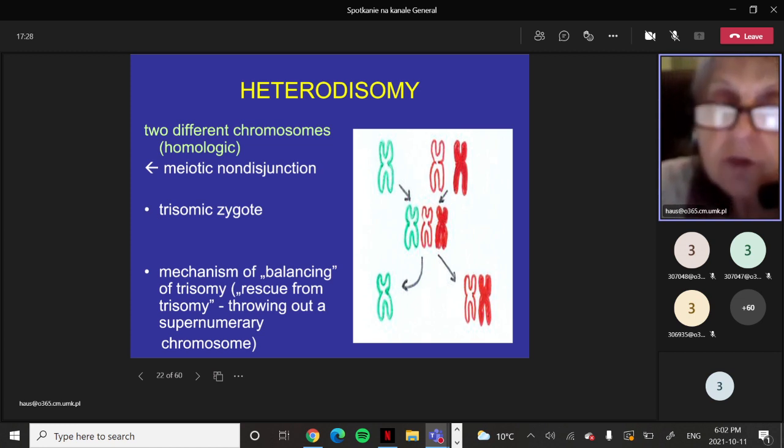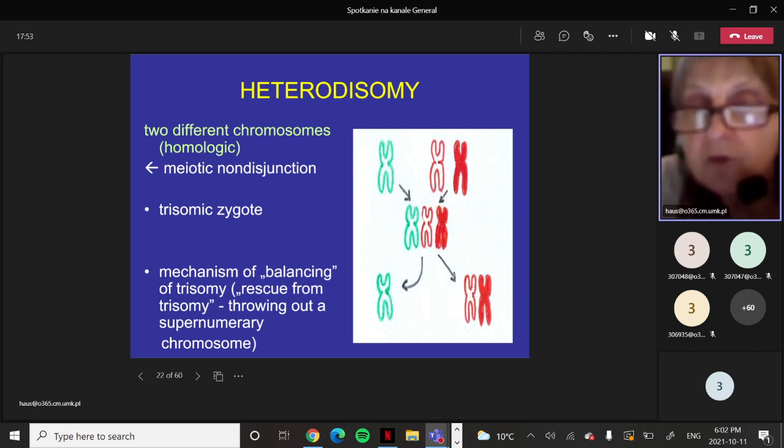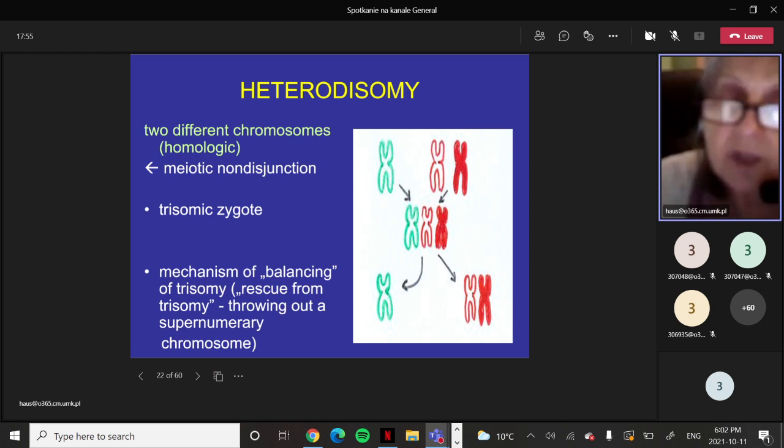So this red parent, he or she, in this case has a recessive disease, because of two copies of the recessive gene on both copies of these homologous chromosomes.